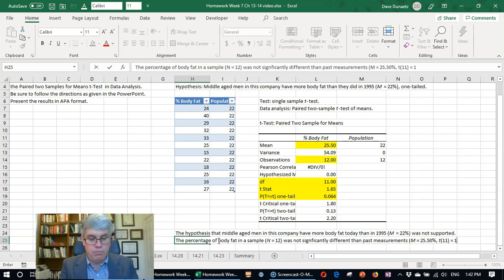Space equals 1.65. And then we put the p-value, and the p goes in italics. Space equals 0.06. Close parentheses, period. So the hypothesis that middle-aged men in this company have more body fat than in 1995 was not supported. The percentage of body fat in a sample was not significantly different than past measurements.